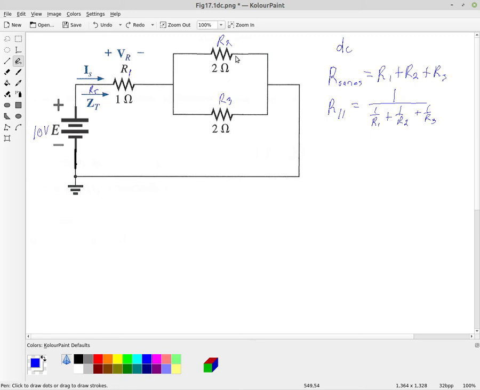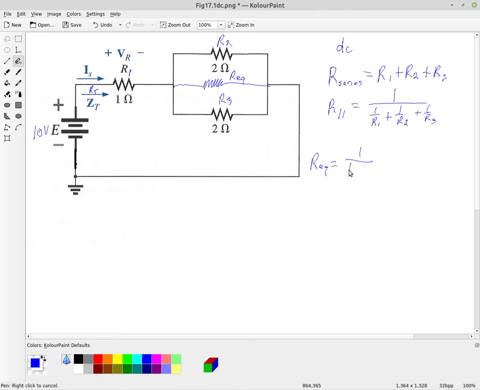And so we're going to start here by taking these two parallel resistors and simplifying them into one equivalent resistance, that will be in series with the first resistor. So this equivalent resistance is going to be these two resistors.